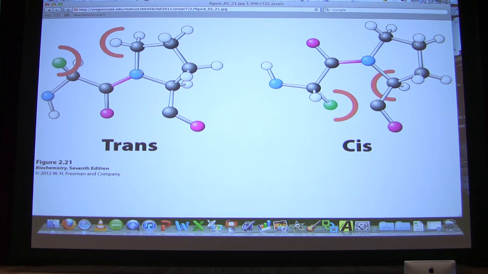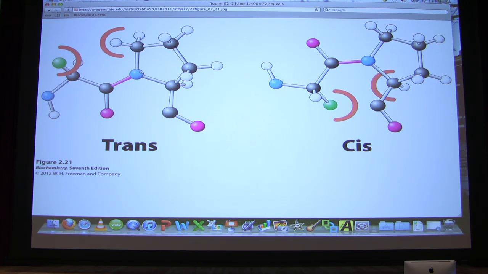Okay? Now, the significance of that is because this is a bond to the alpha amino, there is less flexibility associated with a proline. Prolines do not have as much ability to rotate bonds as do the other amino acids.